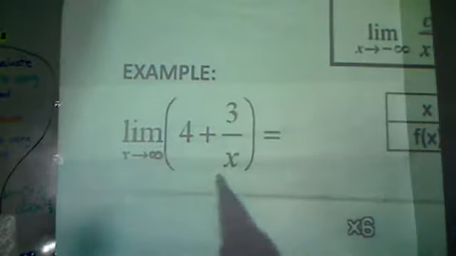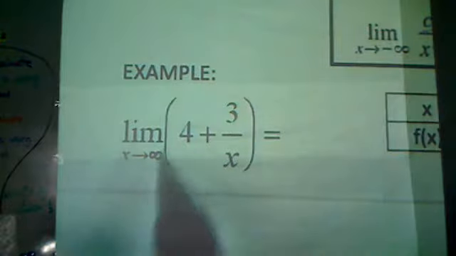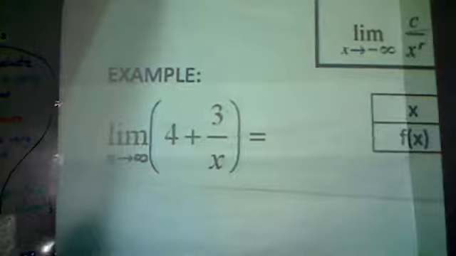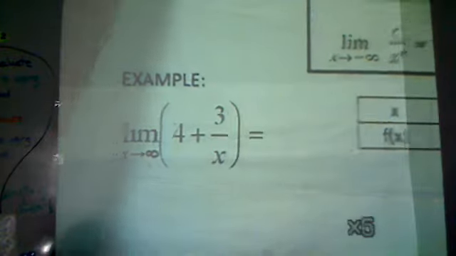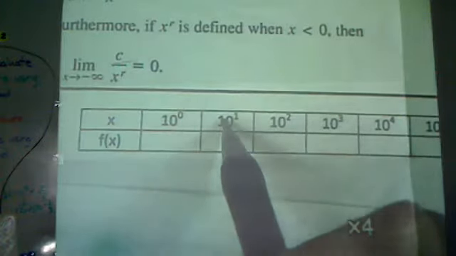Given this example here, the limit as x approaches infinity of 4 plus 3 over x, we are going to numerically find what the limit is as we go out towards infinity. To do that, we're going to use different x values.